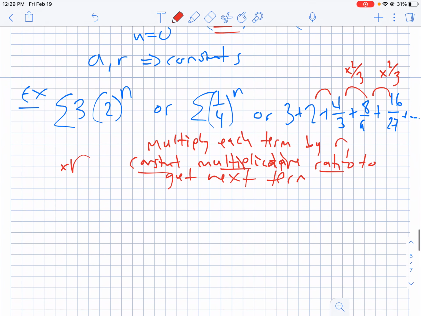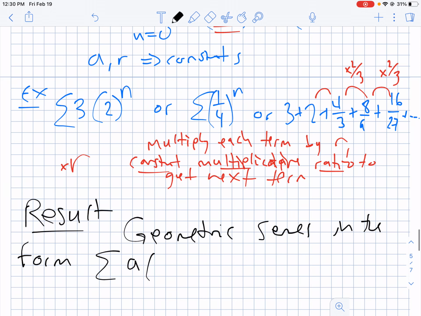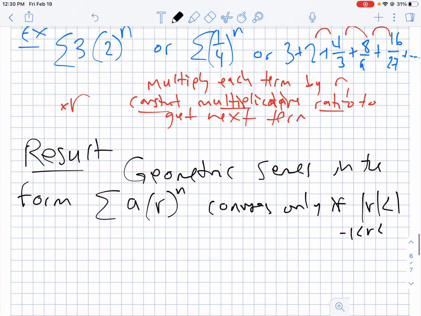All right, now let's go ahead and just jump to the result because this is a pretty powerful one. It's like the p-series. If you just identify a geometric series, you can do these right away. So if you have a series that you know is geometric, in the form a times r to the n power, where a and r are constants, this converges only if that constant r is smaller than 1 in absolute value, meaning if that r is between -1 and 1.